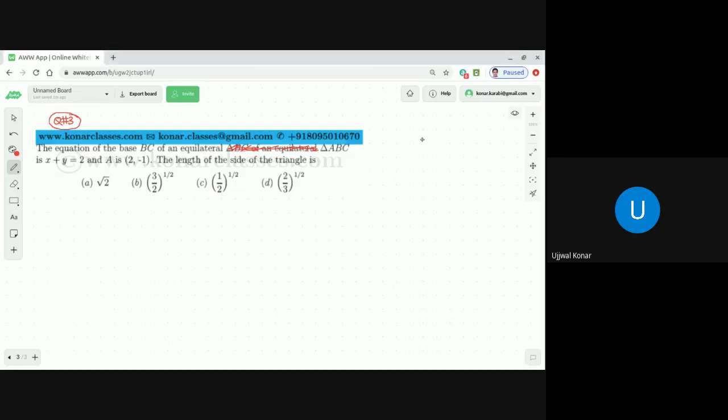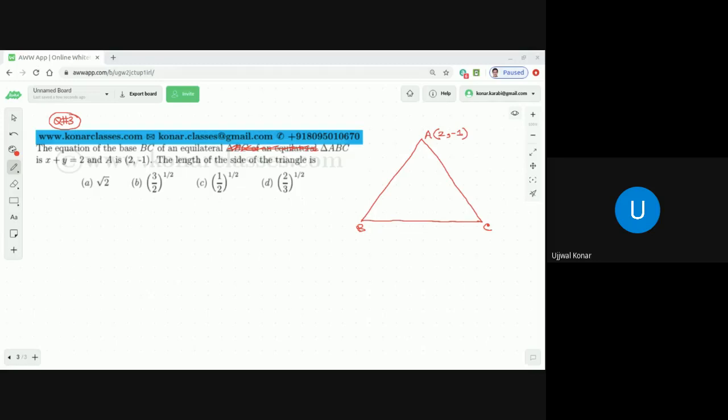Consider this is the equilateral triangle. This is A, and its coordinate is given as (2, minus 1), and this is BC. Equation of BC is given, that is x plus y is equal to 2. Then how can we find the value of the sides? We need to find the value of AB or BC or CA.